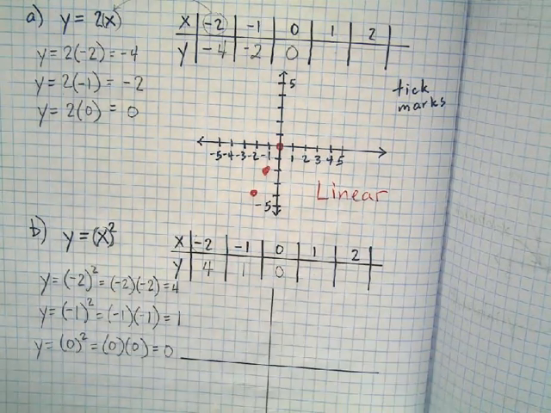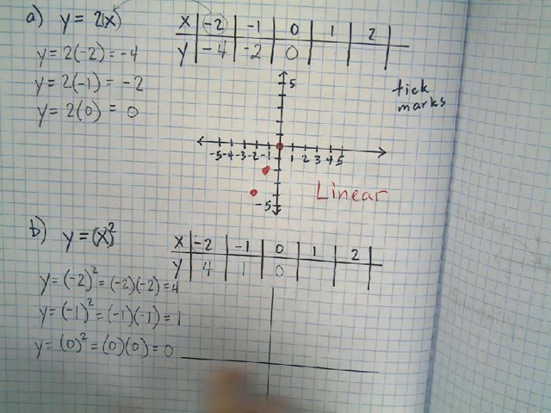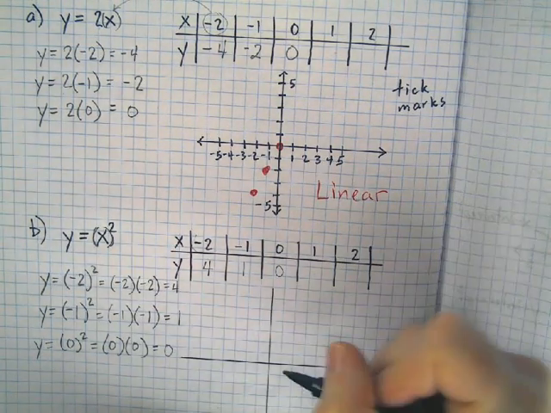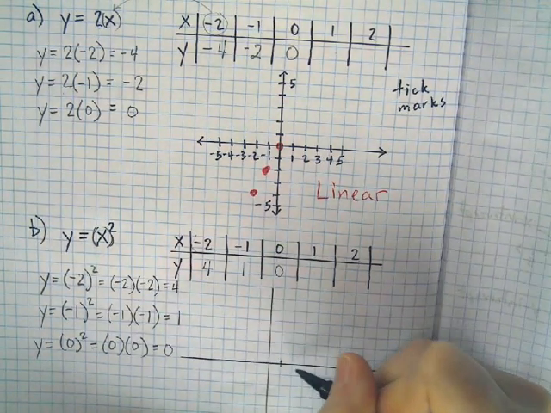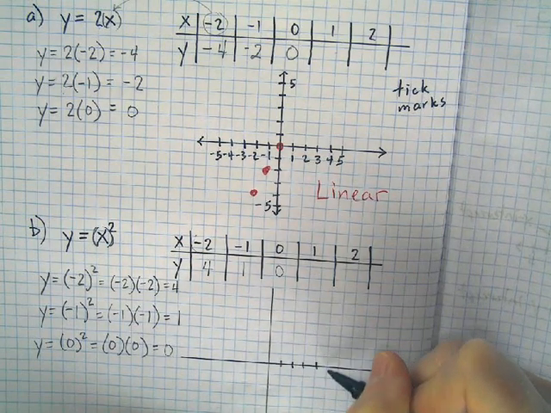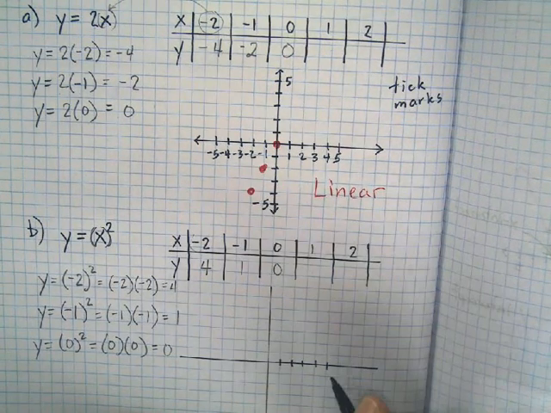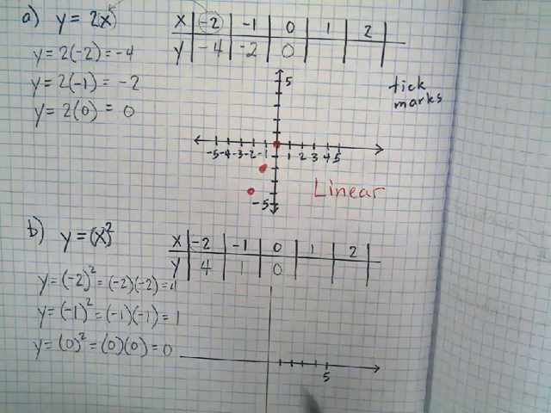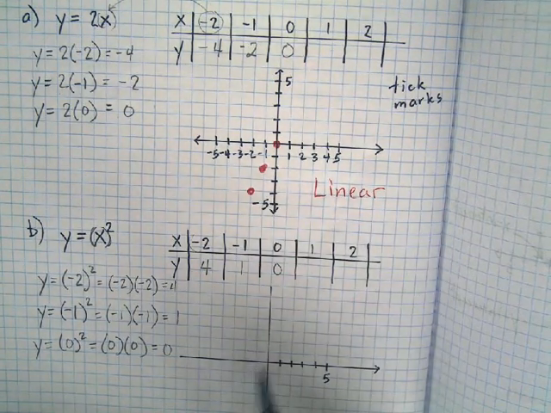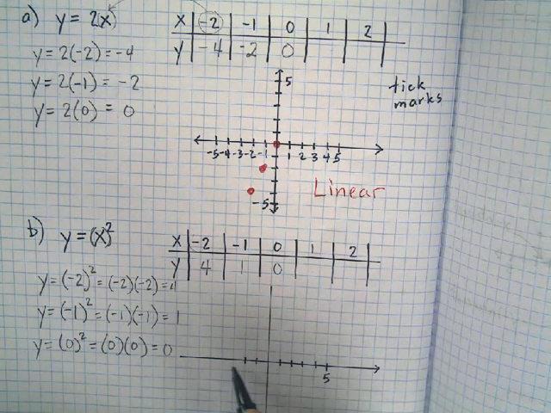Okay, let's set up our x and y axes again using the blue lines. 1, 2, 3, 4, 5. Usarlo las líneas azules. 1, 2, 3, 4, 5. Okay, and then this way. -1, -2, -3, -4, -5.